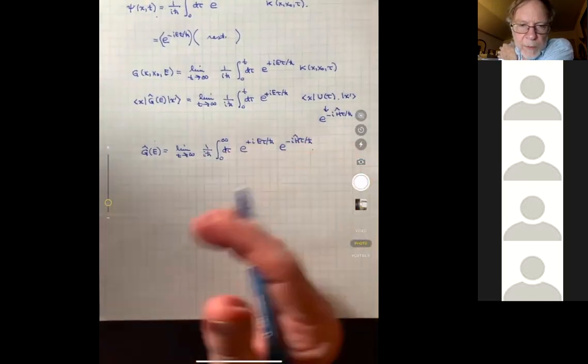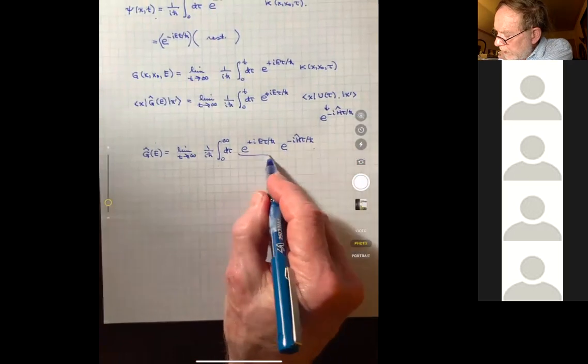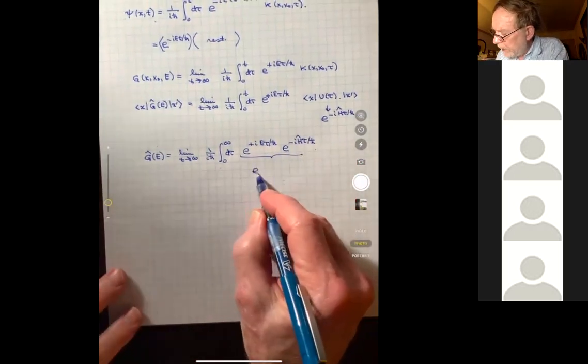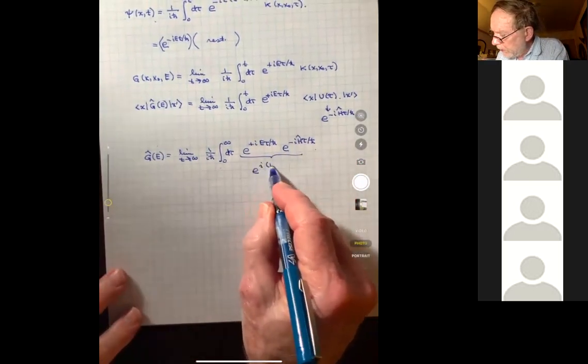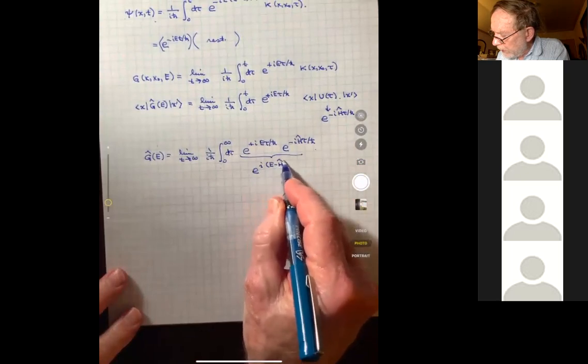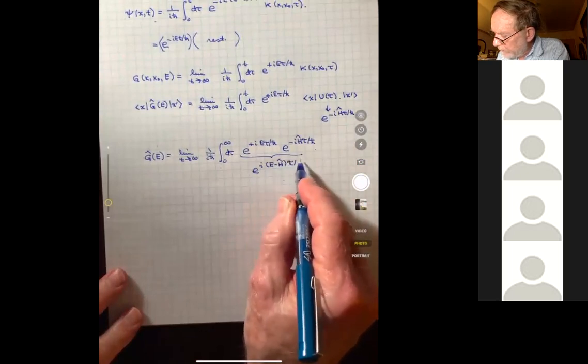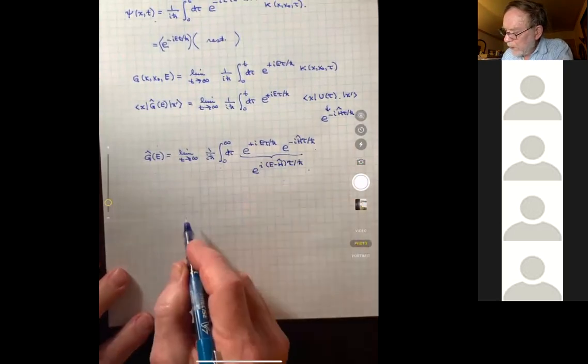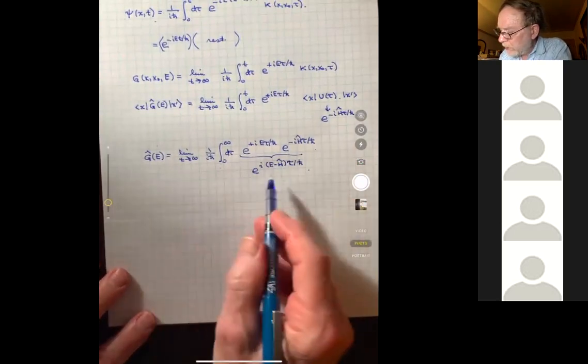So this is a formal expression involving operators, but you can combine these two exponents together to give you e to the i (E minus H hat) tau over h bar. And formally, at least, this integral is easy to do.